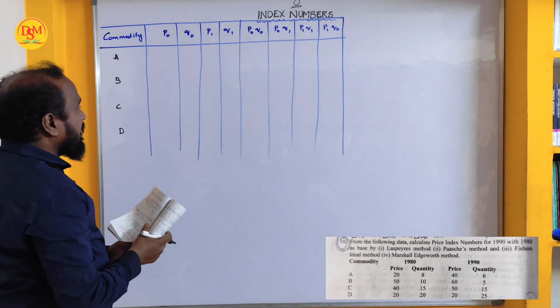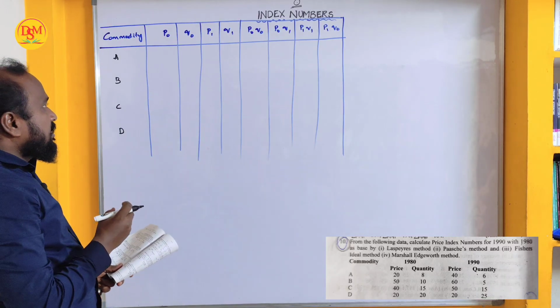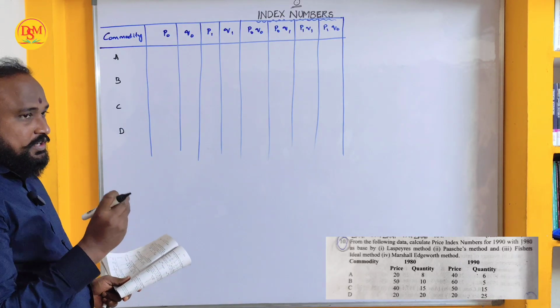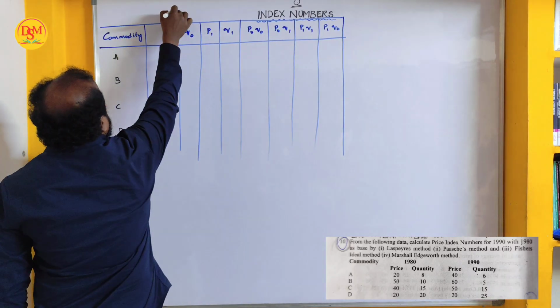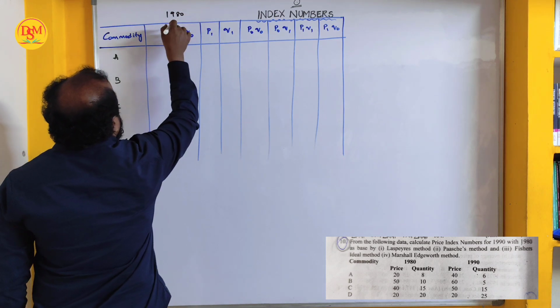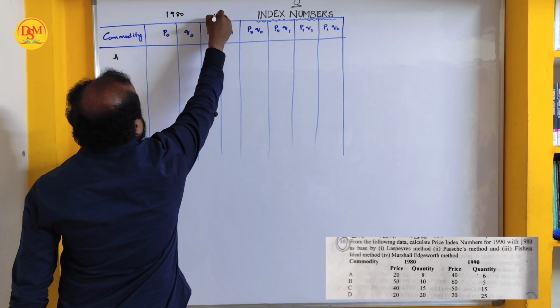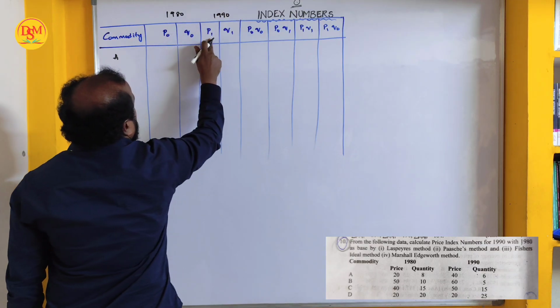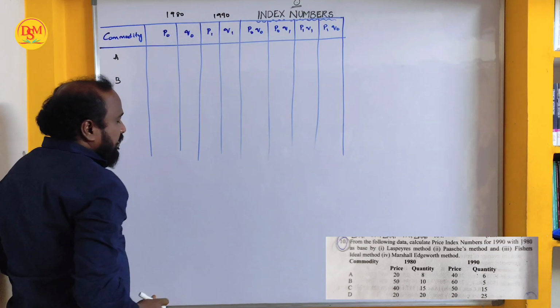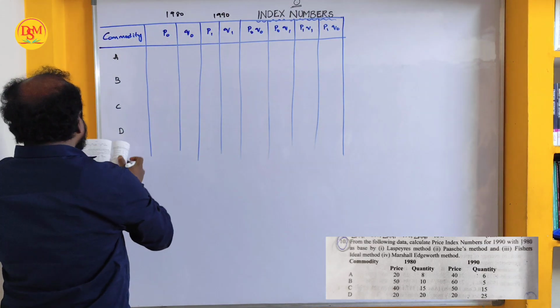So beta, first we have to understand that P0 stands for the base year. Here the base year is 1980, so the values will be P0 and Q0, and the current year is 1990, right? So the prices will be P1 and the quantity will be Q1. I'm writing the numbers here.